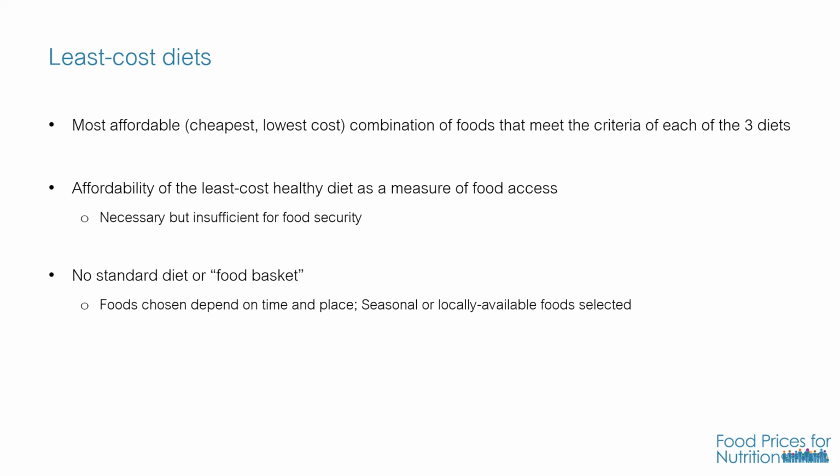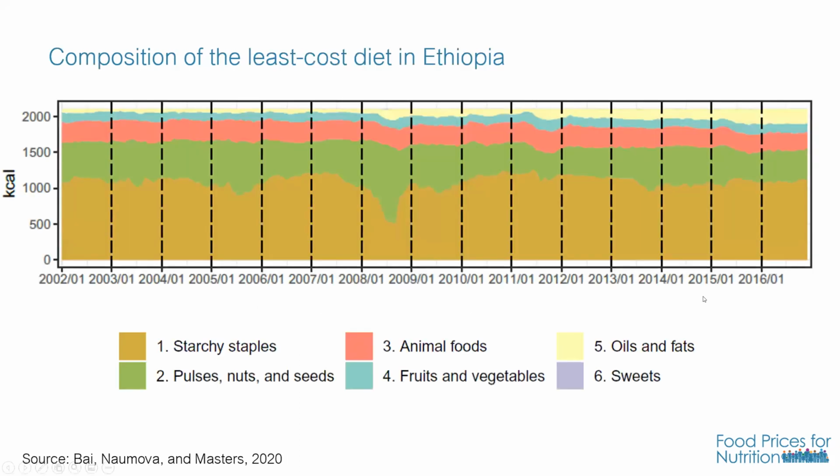So just to demonstrate this a little bit more concretely, this is the composition of a least cost diet in Ethiopia. This graph shows the kilocalorie contribution of each of these food groups. As an example, between 2003 and 2004, you can see the contribution of pulses, nuts, and seeds in green.